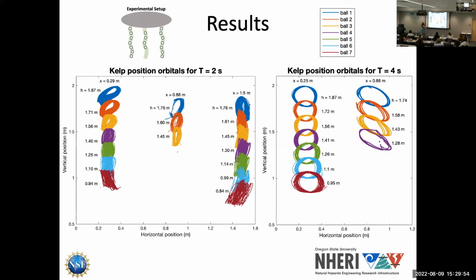Another thing that's important to notice is that the shape is different in different kelp strands, but there's definitely orbital motion going on here. So this is data that we can work with, and I find these beautiful.